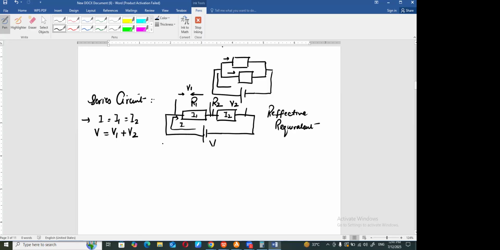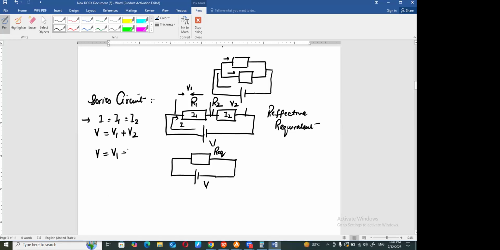What is that value? That we need to find out, which means if you replace the two resistances with a single resistance, what will be the value for that? So R equivalent, what exactly is it?